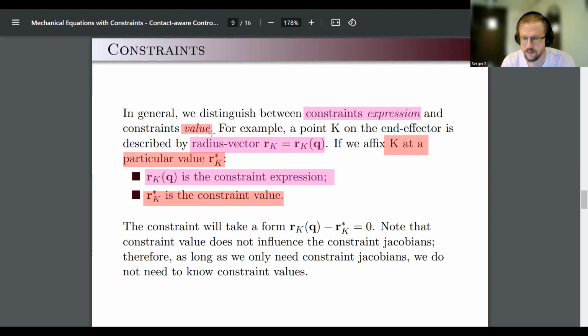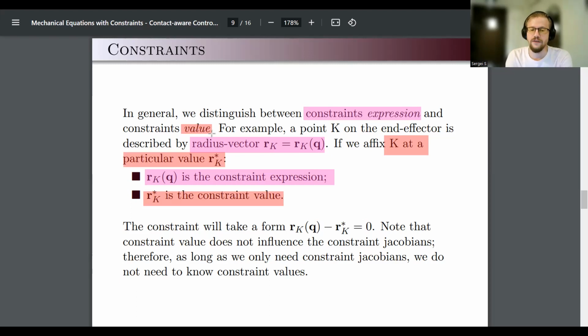Okay. So the difference is that one is the formula that allows you to find this point if you know generalized coordinates. That is the constraint expression. The constraint value is the particular value this formula takes for a particular q. That is one way to say it. Or another way to say it, that is the value that we know it has to take because this point is constrained to take this value, right?